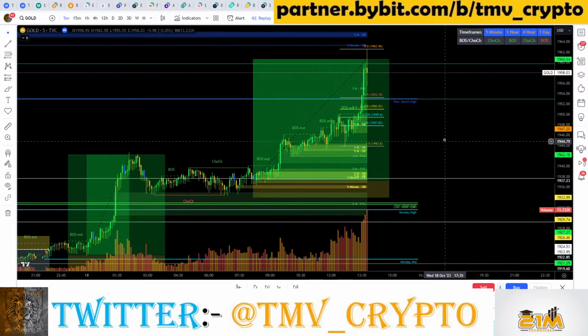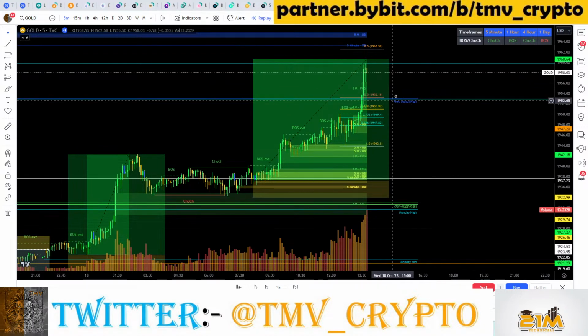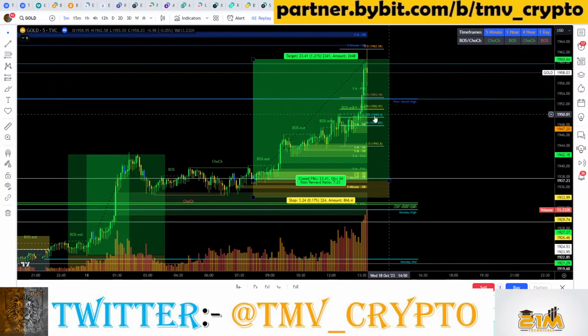I've not added it here, but naked POCs are also going to help you identify those levels or add more confluence. Then you can also look for levels like current week highs, previous week highs, current week opens, previous month highs. If there is a previous month high, you want to see that the previous month high is not acting as a deviation.